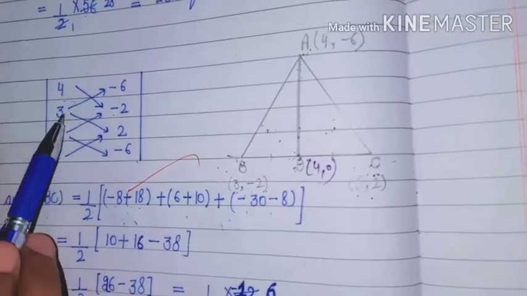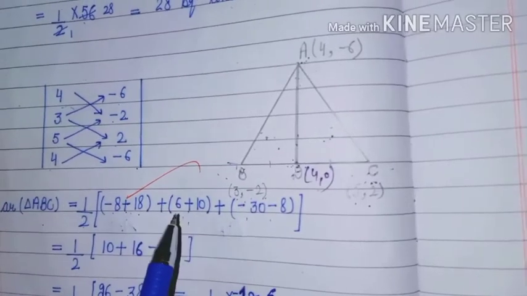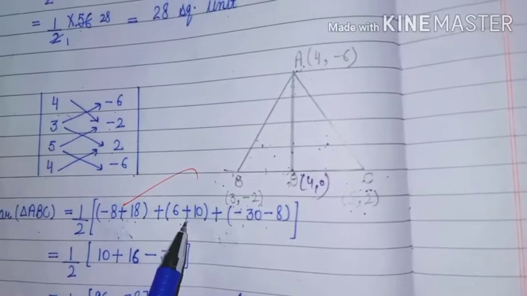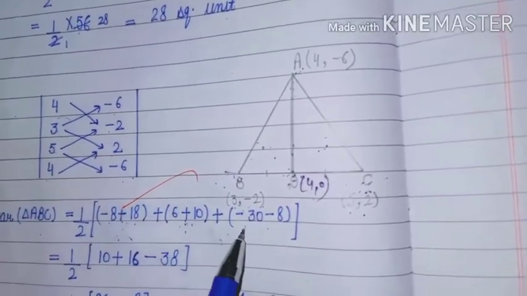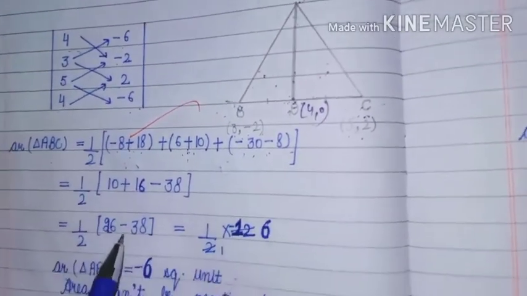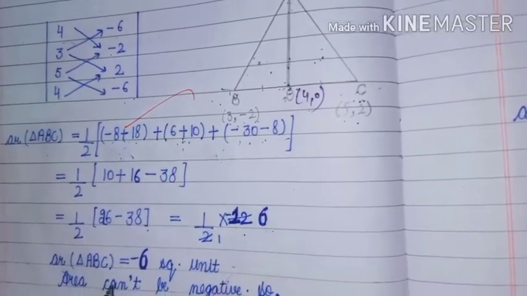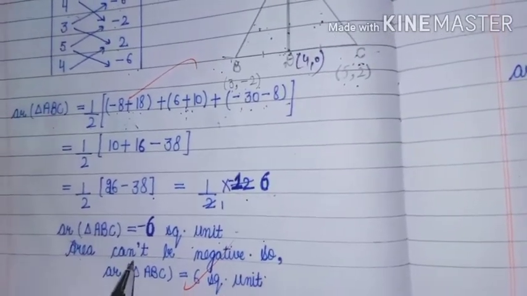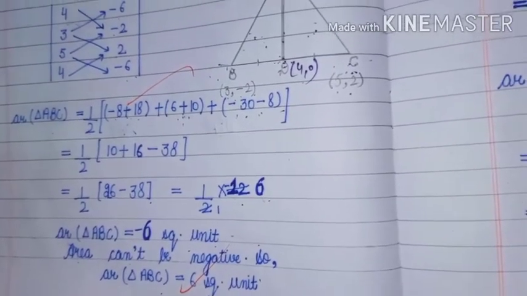In the second bracket, again we multiply 3 by 2, that is 6, and again the minus sign comes from the formula, and minus again, multiplying, that becomes plus, beta. So this is +10, and here 5 multiplied by -6 is -30, and 4 into 2 is 8. After solving you will get 26 - 38, that is 1/2 into -12, that is -6 square unit. And beta, I told you that area cannot be negative, so the area of triangle ABC is 6 square unit.